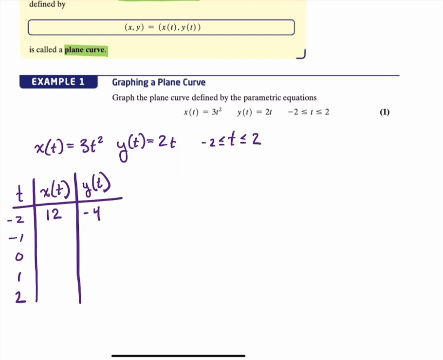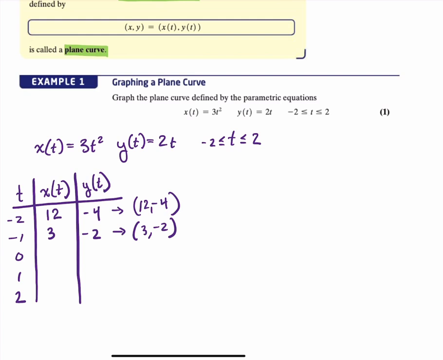So that means when t equals -2, we would have the point 12, -4 on our graph. Let's do the same for -1. 3 times -1 squared will just give us +3. Then 2 times -1 gives us -2. So we would have the point 3, -2.